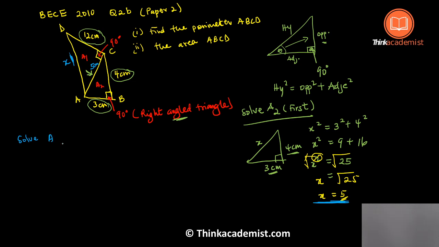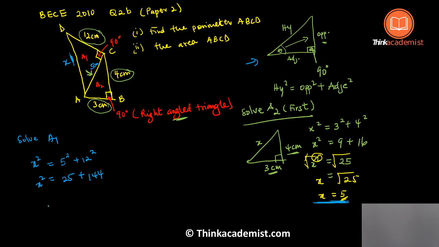Now solve A1. Solving A1 will have x squared, because from this diagram, this is our x, our hypotenuse. So x squared equals 5 squared plus 12 squared. 5 squared is 25 and 12 squared is 144.